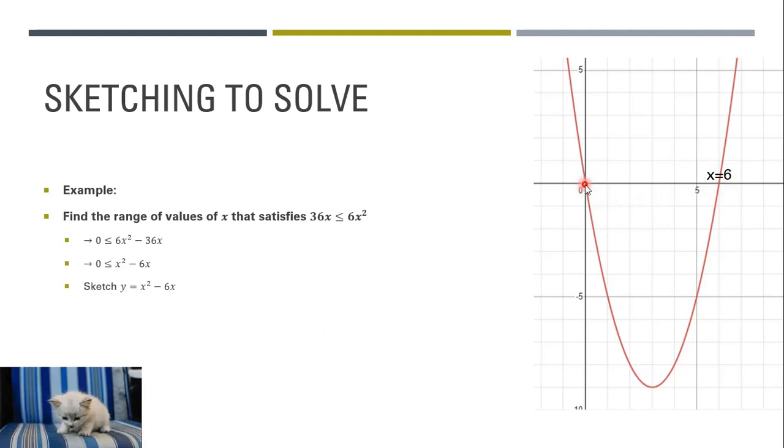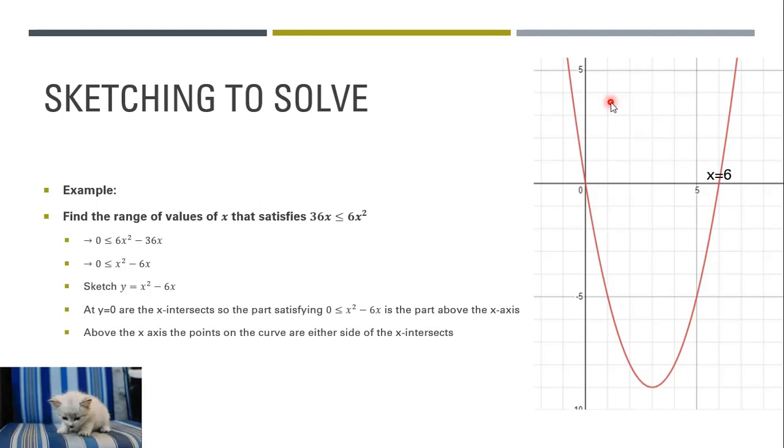And you can see here, so 0 is less than or equal to x squared minus 6x. When y equals 0, we have the x-axis, first of all. And if we want x squared minus 6x to be more than that, it's going to be above it. So it's this section and this section we're looking at.